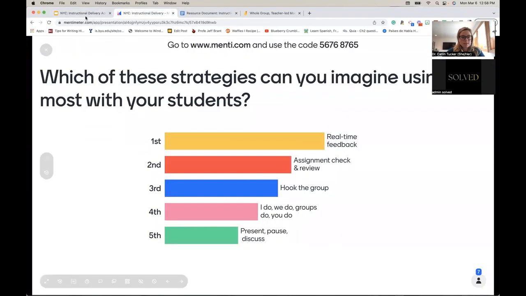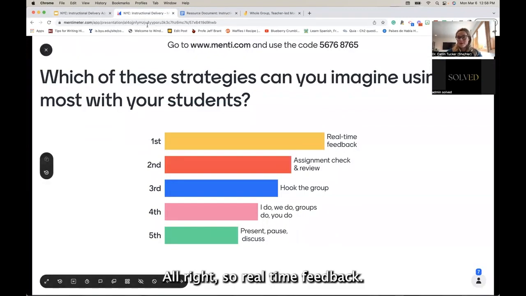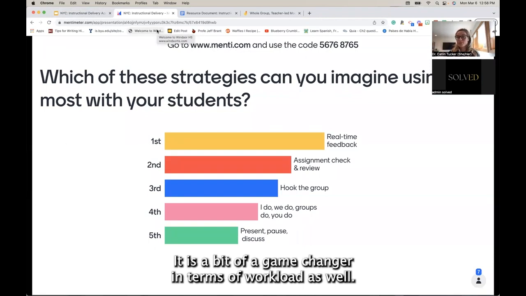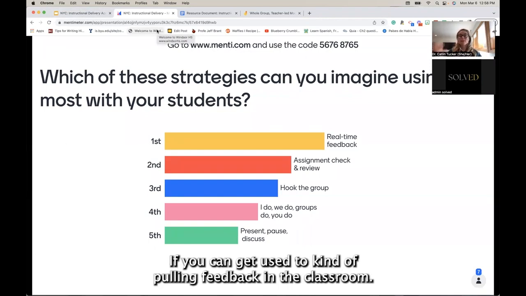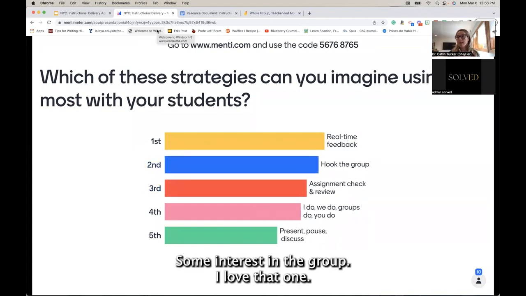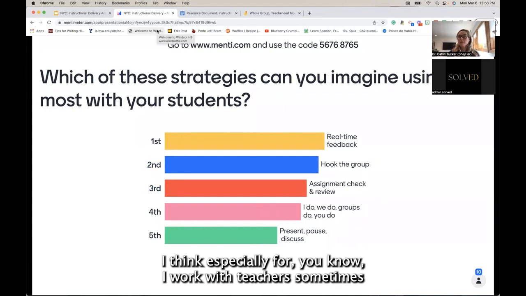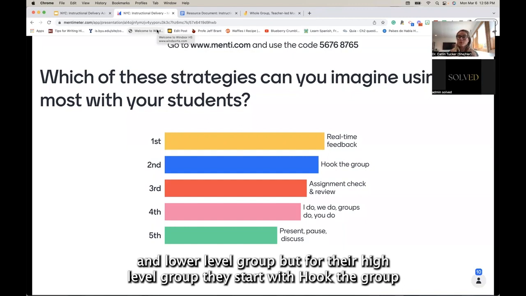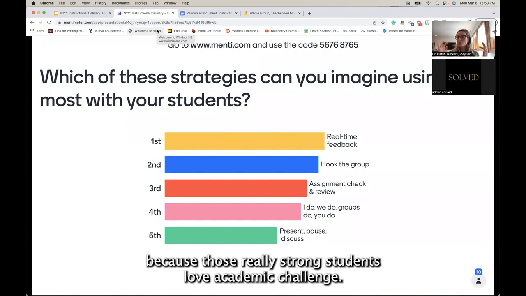All right, so real-time feedback. Ooh, that's exciting. I love that strategy. It is a bit of a game changer in terms of workload as well, if you can get used to pulling feedback into the classroom. Some interest in hook the group. I love that one. I work with teachers sometimes where they're going to use I do, we do, groups do, you do for their middle and lower level group, but for their high level group, they start with hook the group because those really strong students love academic challenge.